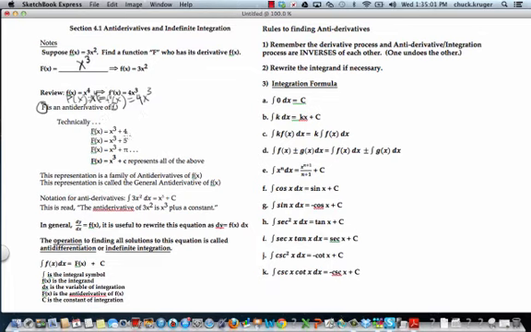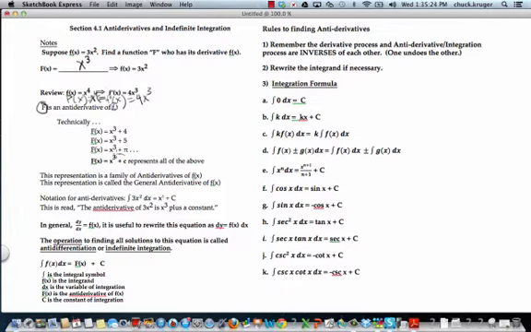Now, technically speaking, it doesn't have to be x cubed. It could be x cubed plus 4, x cubed plus 5, x cubed plus pi, because when you take the derivative of those constants, you get 0. In other words, we can say it's x cubed plus c, and c is what we're going to call the constant of integration. I'll talk about that in a bit.